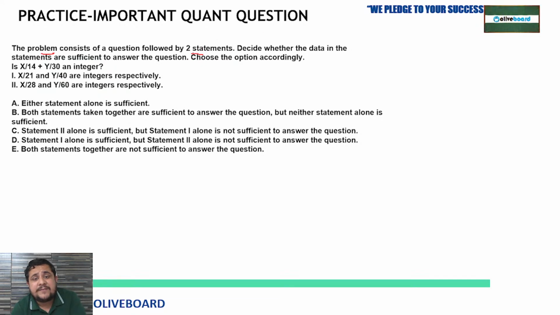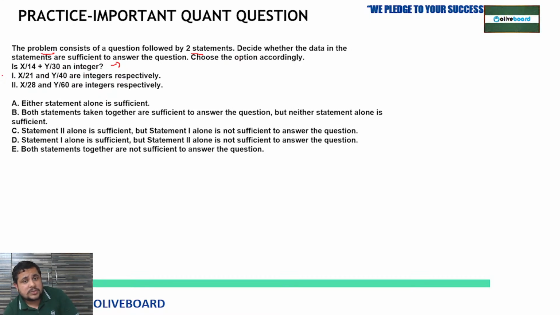Okay. Decide whether the data, see, the same thing is given to us. We have to solve a data sufficiency based question. Here are two statements. First, is x/14 + y/30 an integer? So now they are asking us, is x/14 + y/30 an integer?